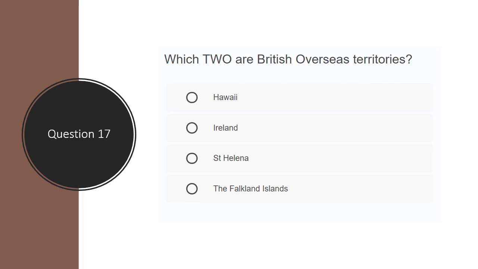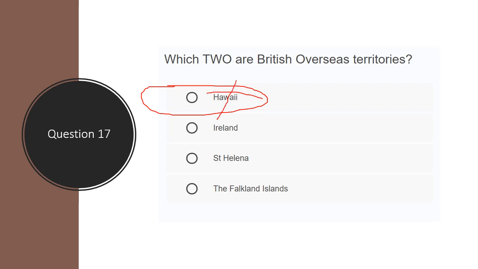Which two are British overseas territories? This is something where you have to use your common sense techniques to answer the question. Hawaii is a nonsense option, because that has nothing to do with Britain, so just put a cross on it.